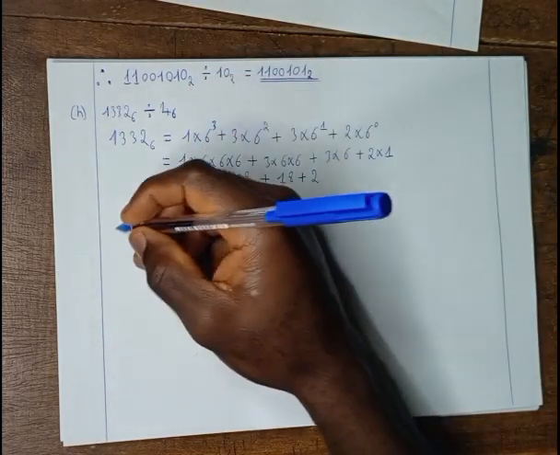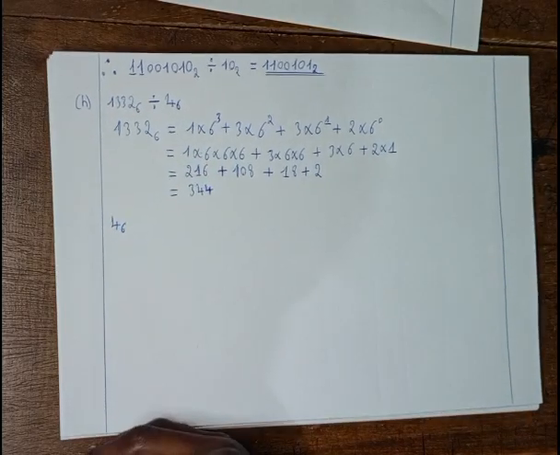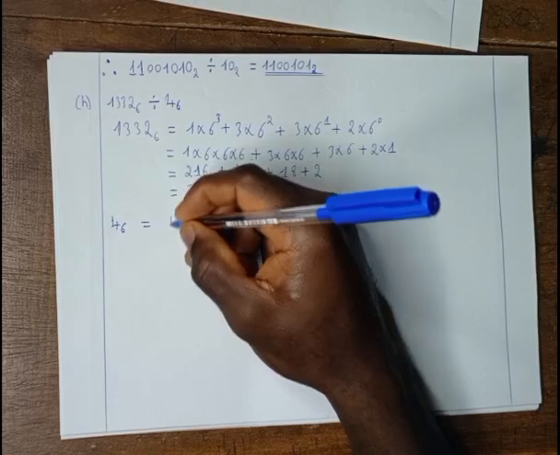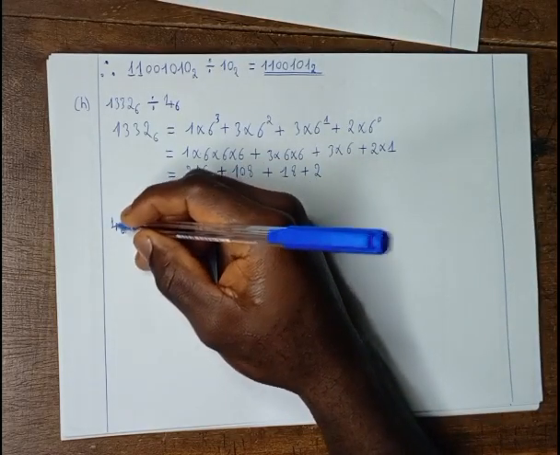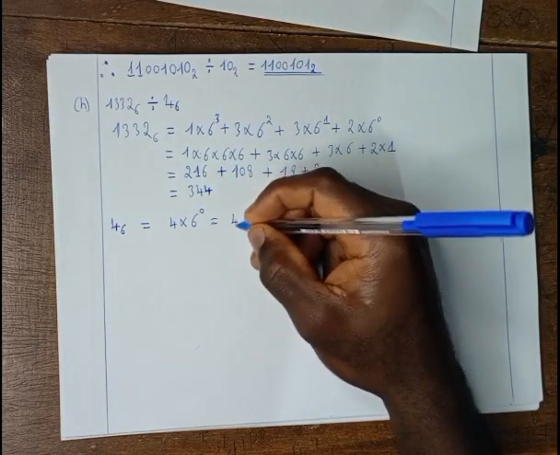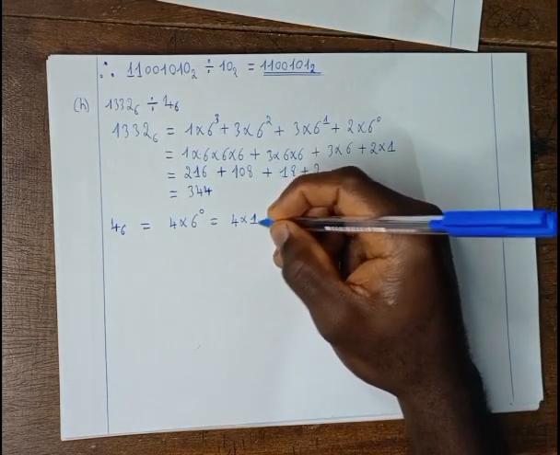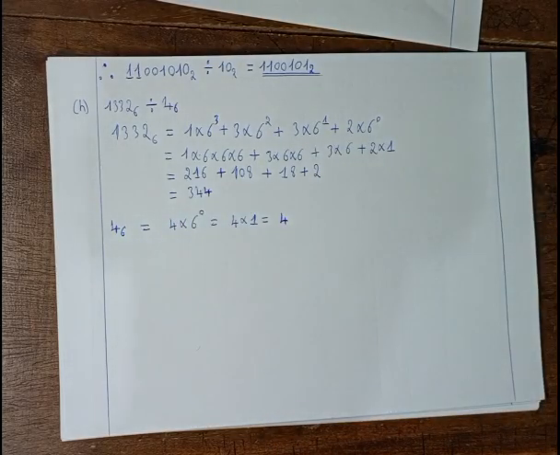Next, we have to convert the number 4 in base 6 to base 10. This will simply give us 4 times 6 raised to the power. After 4, there is no digit, so 6 will raise to the power 0. This will simply give us 4 times 1, which is simply 4. So the number 4 in base 6 is the same as 4 in base 10.